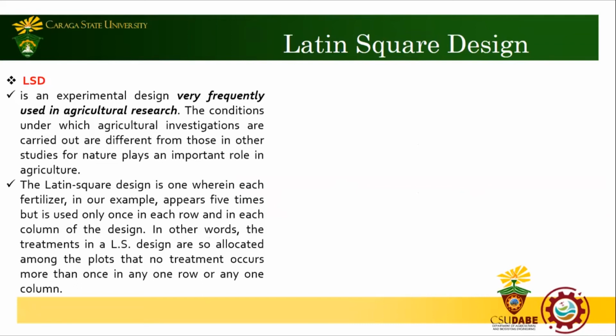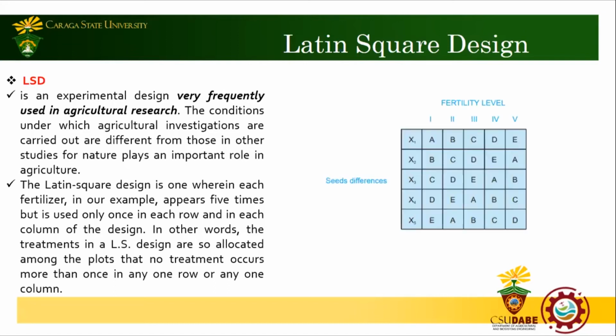This LSD, as a randomization or method of sampling, is different, because you make it a square, no? Then you assign values corresponding to the x and the y, and you randomize the placement. It is not the same. For example, the first row for x1 versus I is your fertilizer level or fertility level versus your seed differences, A, B, C, D, E. You rearrange A, B, C, D, E, and so on.